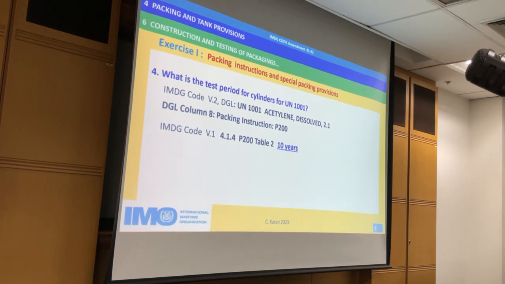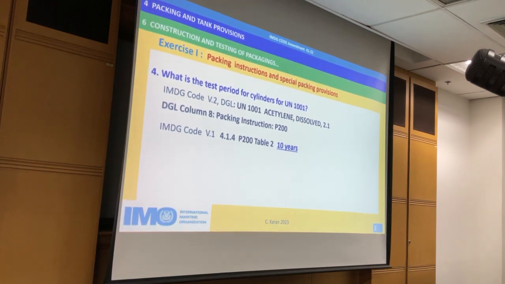Also, I would like to point out that there are special provisions. Be careful about that table. In the final column, can you tell me which special provisions? C and P it says. Did you find it? Special provisions for cylinders.